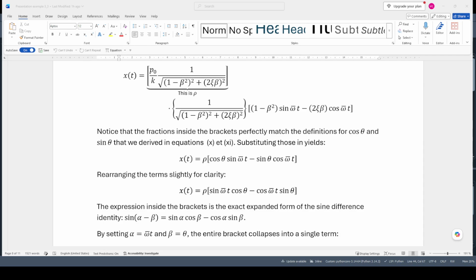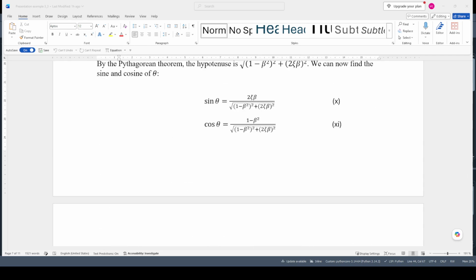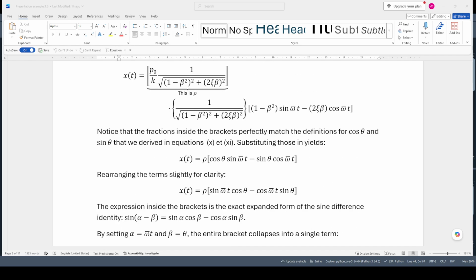Notice that the fractions inside the bracket perfectly match the definition of cosine theta and sine theta. So we can write x(t) equal to rho times cosine theta times sine of omega bar t minus sine theta times cosine of omega bar t.